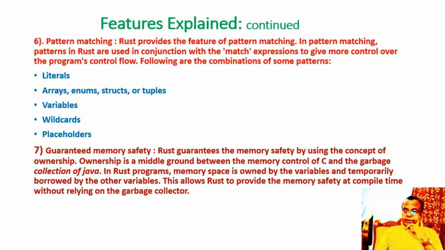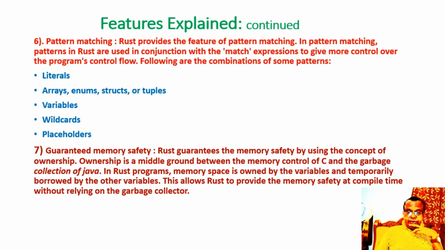Features explained, continued. We are continuing our discussions on the explanations of the features. 6. Pattern matching. Rust provides the feature of pattern matching. In pattern matching, patterns in Rust are used in conjunction with the match expression to give more control over the program's control flow.